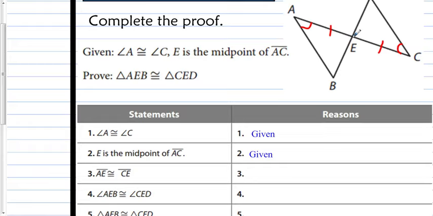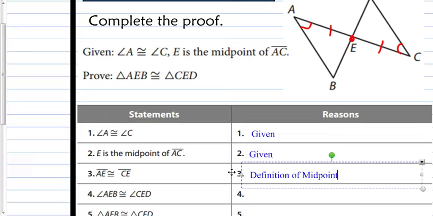So if a point is the midpoint of a line, it's cutting it in half. So since E, this point right here, is the midpoint of AC, the entire thing, it means it's cutting AC in half. And when you're cutting something in half, you're cutting it in 2 equal pieces. So the reason that we know that they are congruent is due to the definition of midpoint.